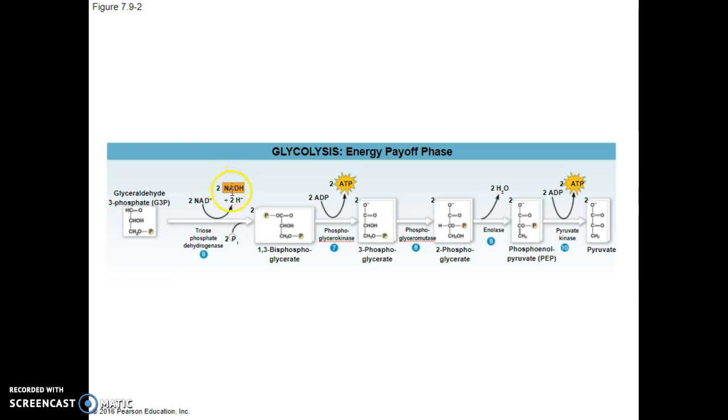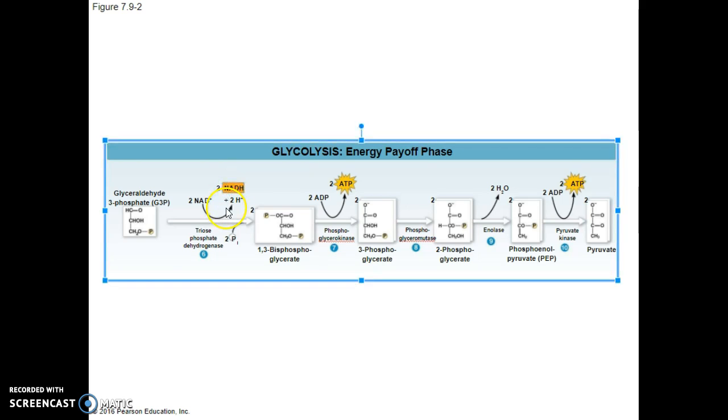In the initial phase G3P loses 2 electrons, it reduces the NAD plus to NADH, which is right here, and it produces a hydrogen ion. And when that happens, this molecule is formed, biphosphoglycerate.